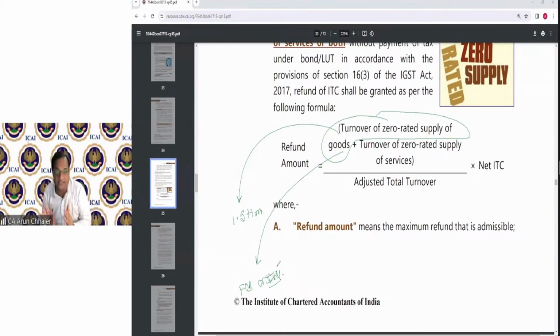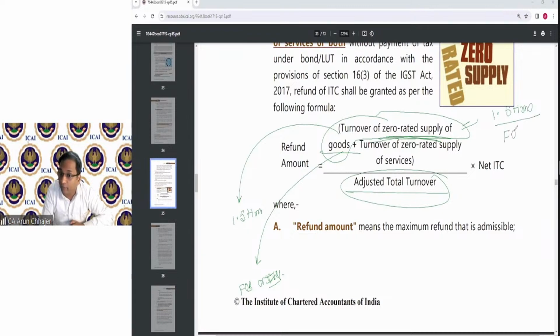Now the doubt was, when the taxpayer applied for the refund, it was rejected on some ground. What was that ground? They are saying Rule 89 has given the definition of zero rated supply of goods. They have not changed the definition of adjusted total turnover. It means here we will take the FOB value, but while calculating the total turnover, we will take actual sale.